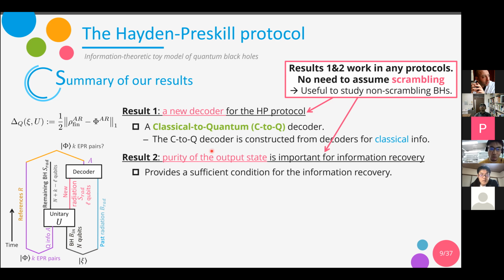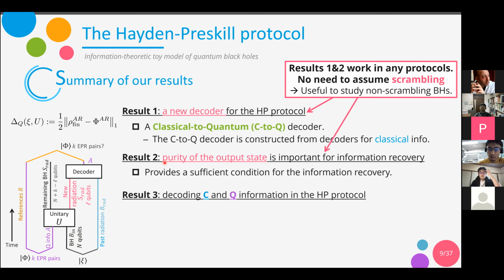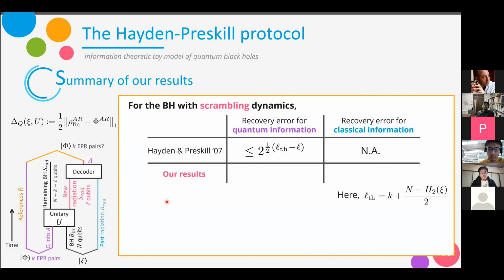So maybe this is also interesting in quantum information as well. And finally, we apply these two techniques to the Hayden Preskill protocol, and we show how to decode classical and quantum information. A short summary of this is given by this simple table.